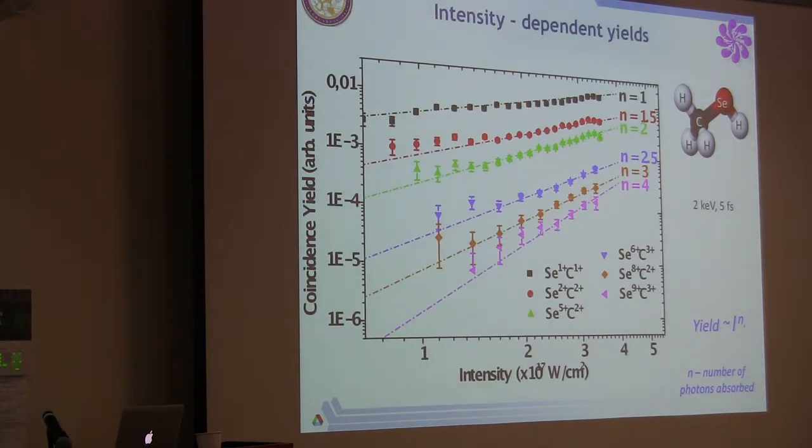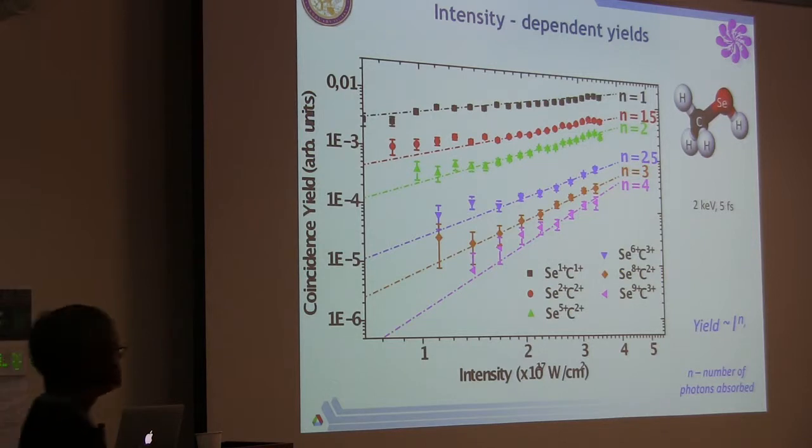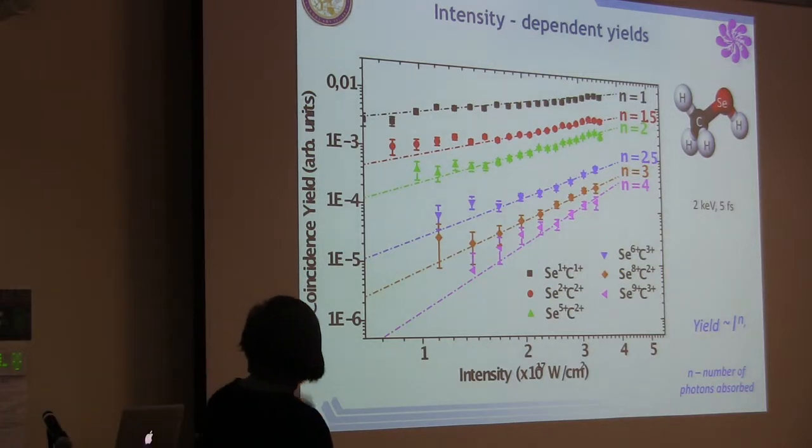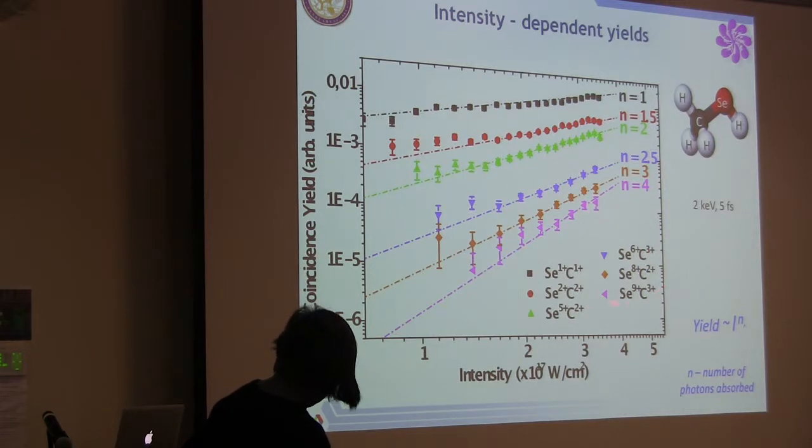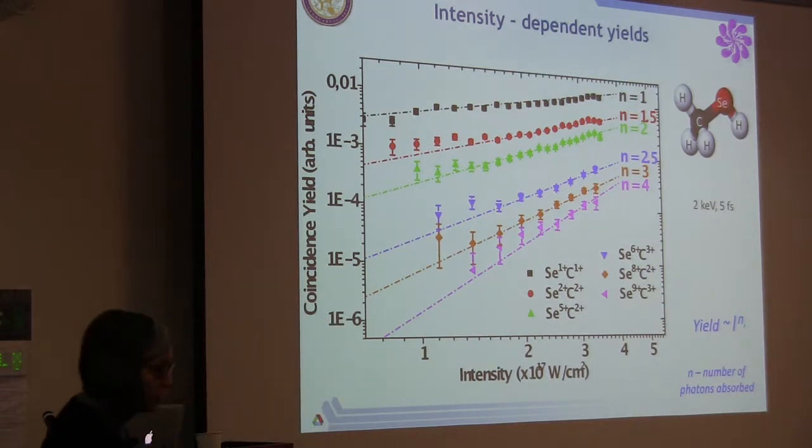So if you look at the yields for all these different channels, for let's say the 1 plus 1 plus is a 1 photon absorption, and then there's some mixed in 2 photon, 3, and so forth. You see that the yield goes sort of as the intensity to the nth power for an n photon transition.